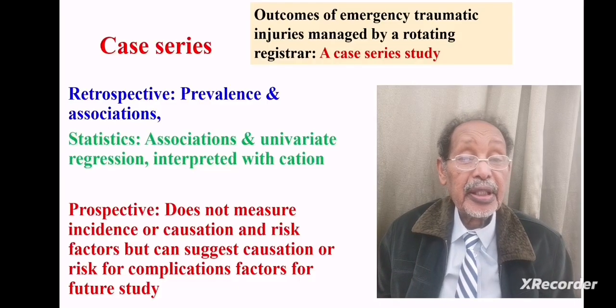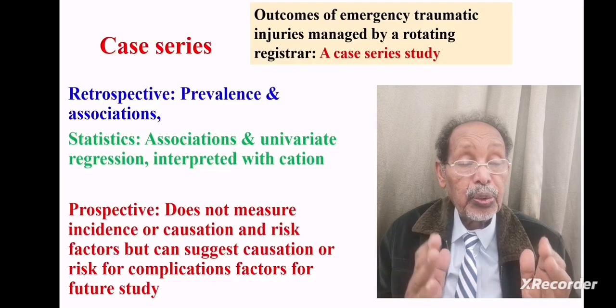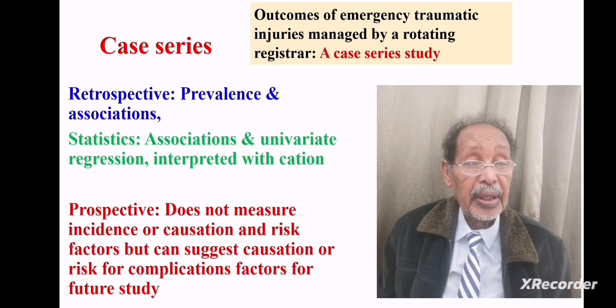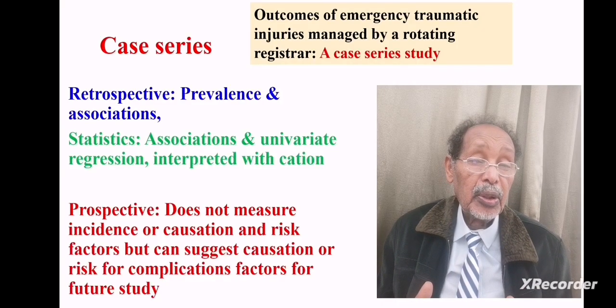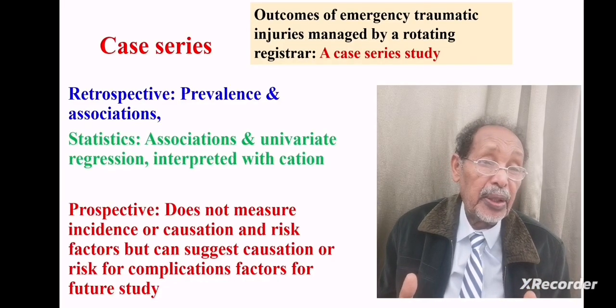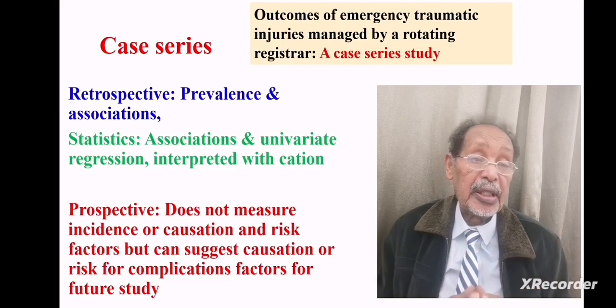However, I think it is a good type of research, and it matters for the council to look at how training is going, and it can be done by so many registrars to compare the patterns of cases, the emergency cases they were doing.